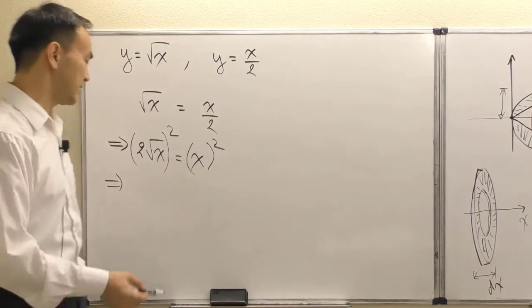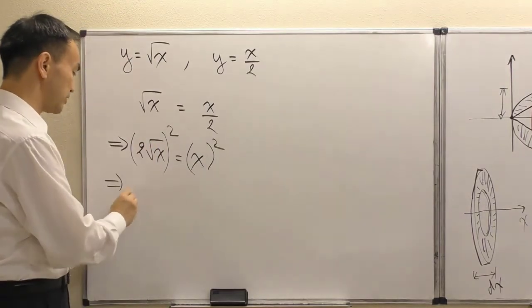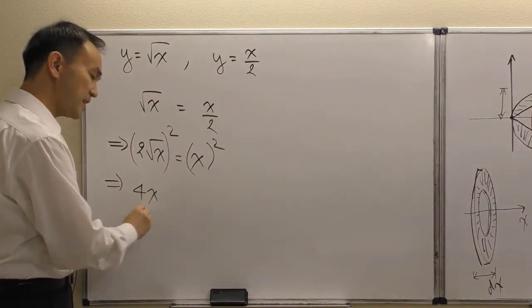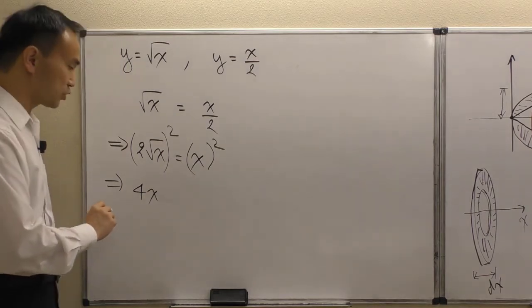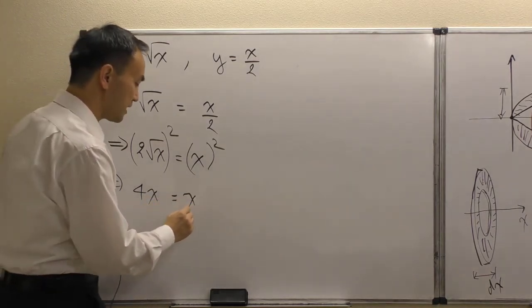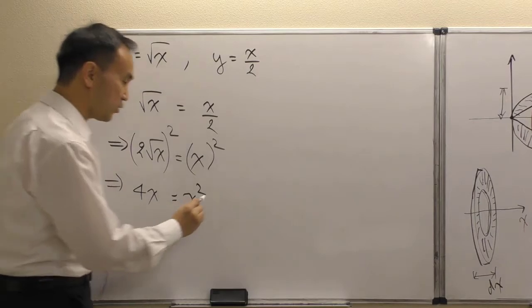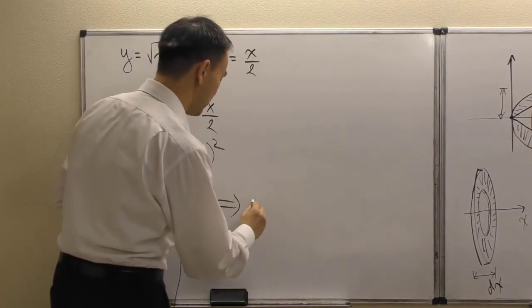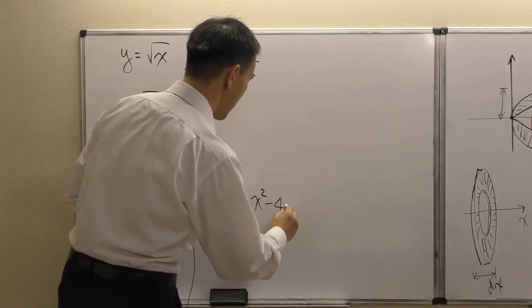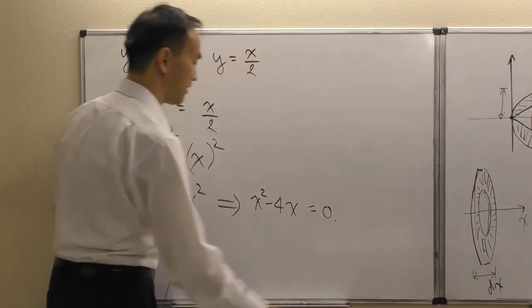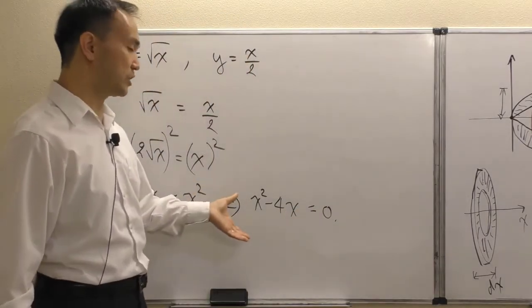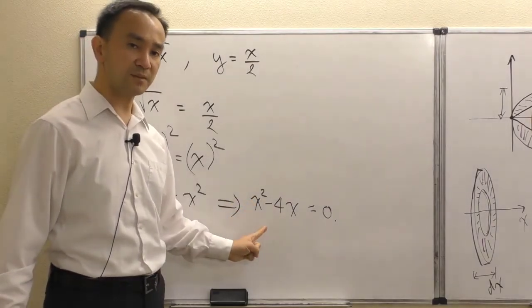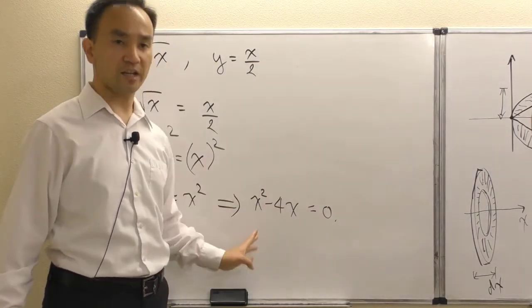The left-hand side becomes 4 times x, since the square root cancels with the square, and that equals x squared. Now I can subtract this 4x term to the other side, making it x squared minus 4x equals 0.